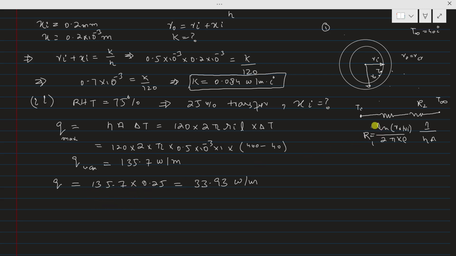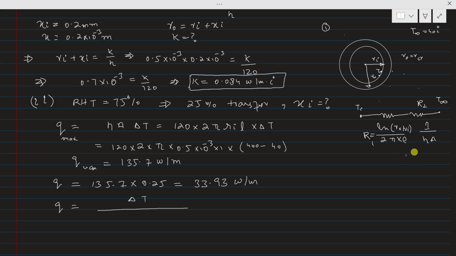Now look at this resistance network diagram. Our heat transfer is equal to temperature difference divided by resistance R1 plus resistance R2.